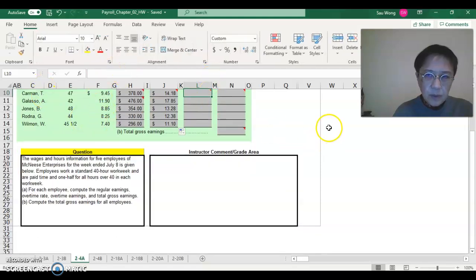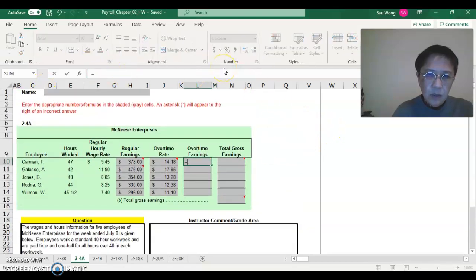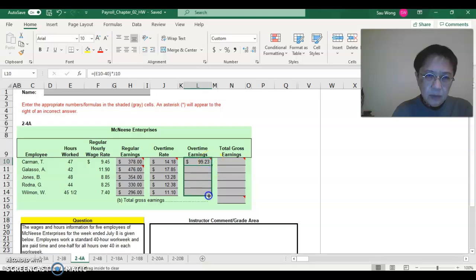So equal, open bracket, E10, that is 47, minus 40 hours on a regular week, close bracket, times the overtime rate, J10. Hit enter. Go back to L10, and then the little plus sign here, drag down.